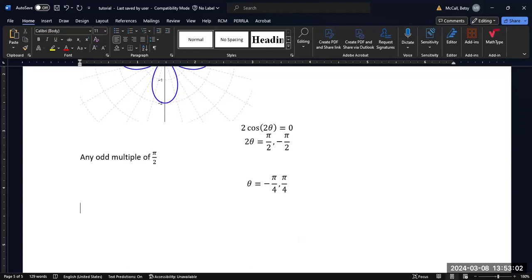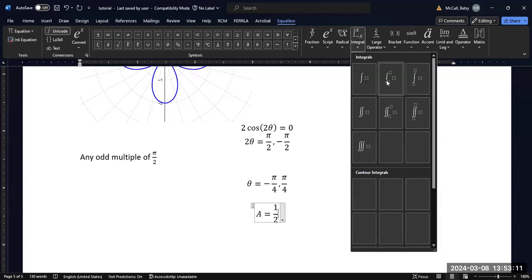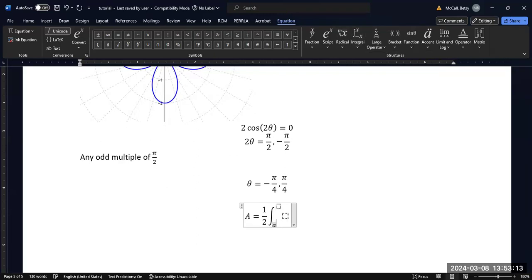Now the area formula for calculating in polar coordinates is going to be 1/2 the integral from A to B, our 2 angles, or we can say alpha and beta since they're angles.